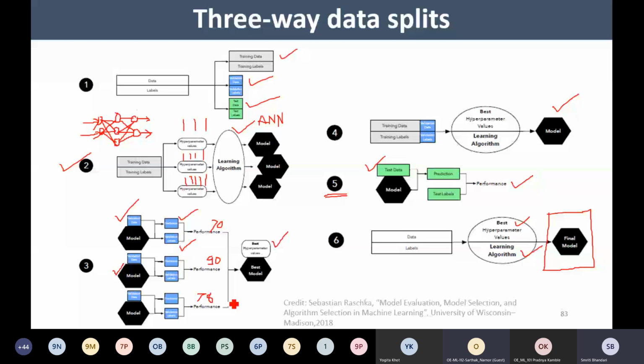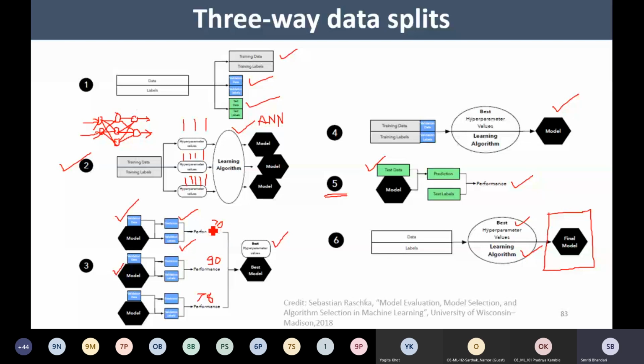No. See, for every model, we are computing the performance. Computing the performance means if it is a classification problem, then we check how many samples are correctly classified and how many samples are incorrectly classified. So obviously, we prepare the confusion matrix here, and based on that confusion matrix, we compute the performance.